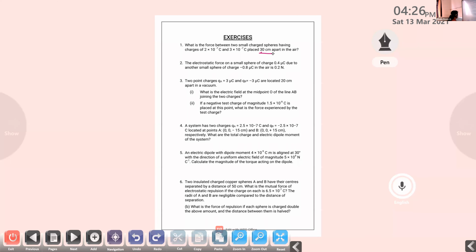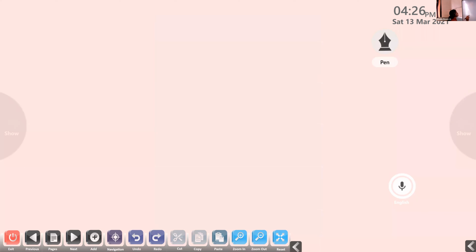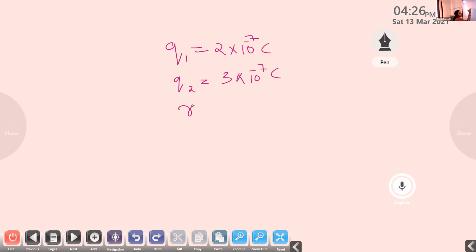So what rule can we use here? Here we have Q1 is equal to 2 into 10 raised to minus 7 coulomb and Q2 is given by 3 into 10 raised to minus 7 coulomb. And the distance of separation, that is R, is given as 30 centimeter.